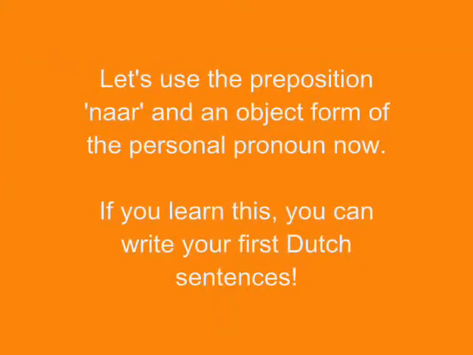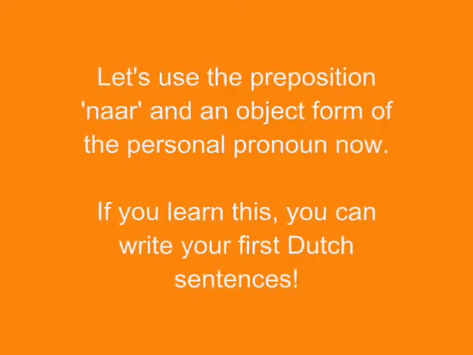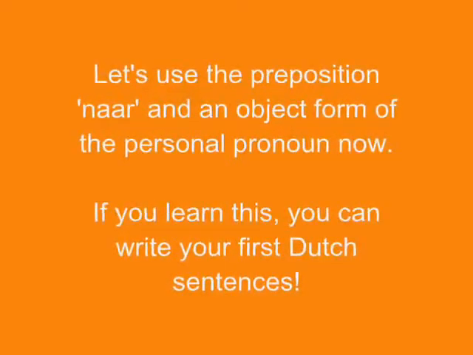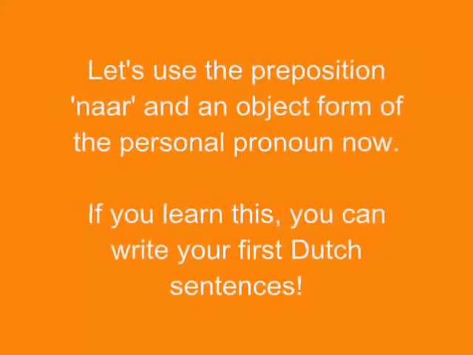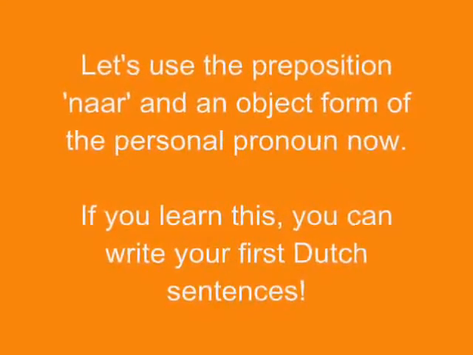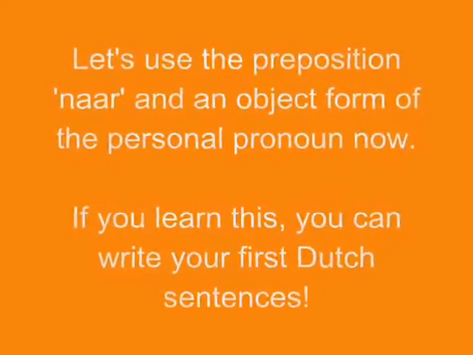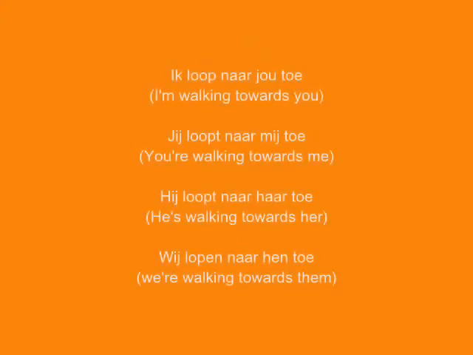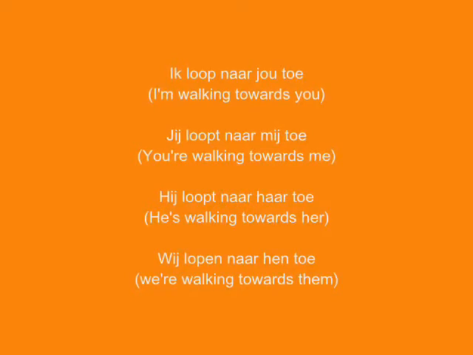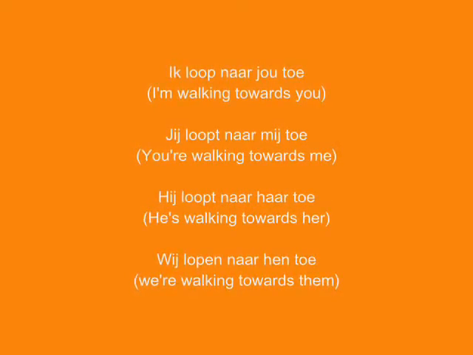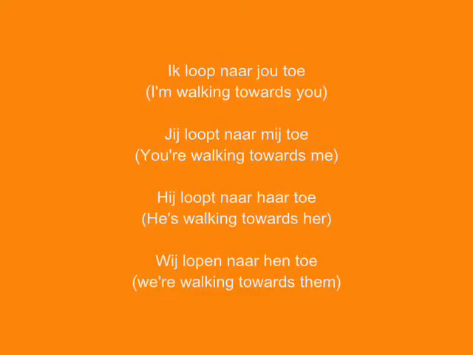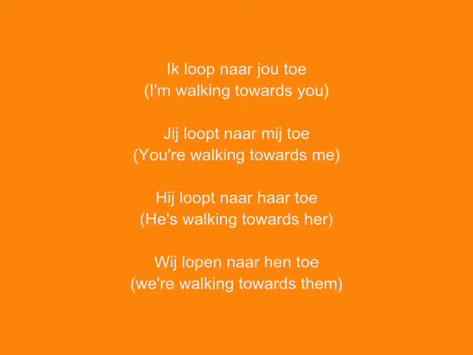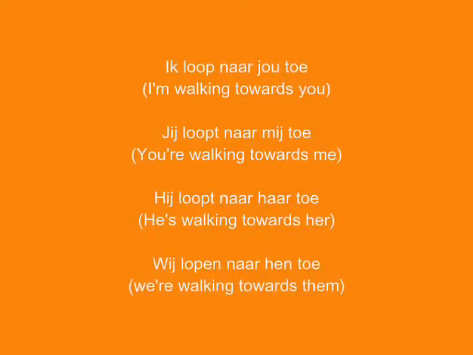Okay, let's use the preposition naar and an object form of the personal pronoun now. If you learn this, you can write your first Dutch sentences. Ik loop naar jou toe. I'm walking towards you. Jij loopt naar mij toe. You're walking towards me. Hij loopt naar haar toe.